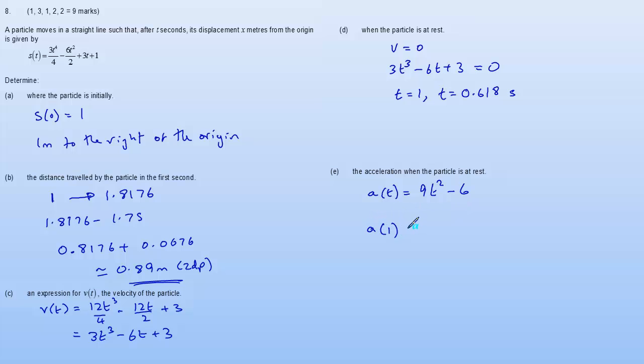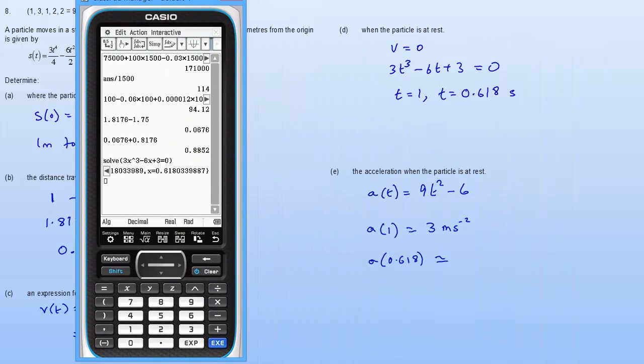So a of 1 is just going to be 3 meters per second squared, and a of 0.618 is going to be 9 multiplied by 0.618 squared, take away 6.